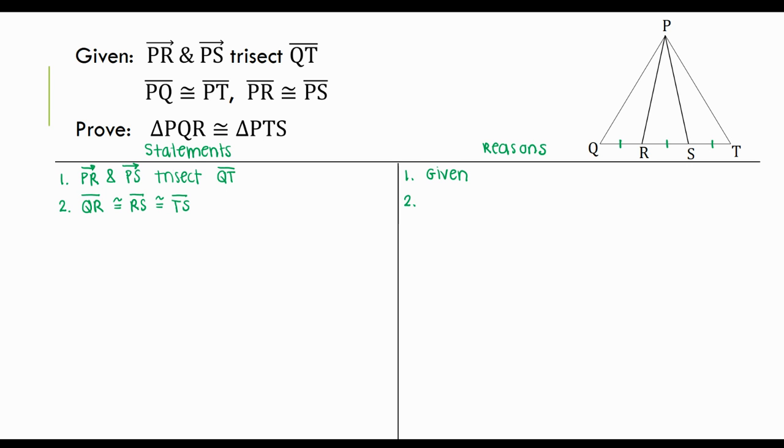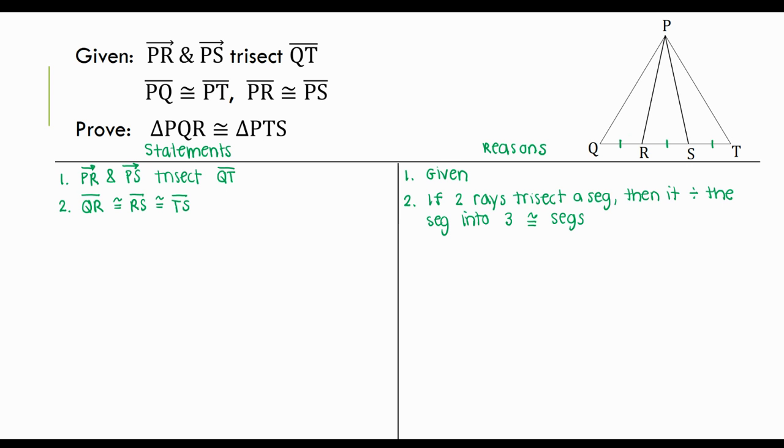My reason, though, is an if-then sentence. Remember, it's a broad sentence justifying this conclusion that we just came up with in step number 2. So if 2 rays trisect a segment, then it divides the segment into 3 congruent segments.